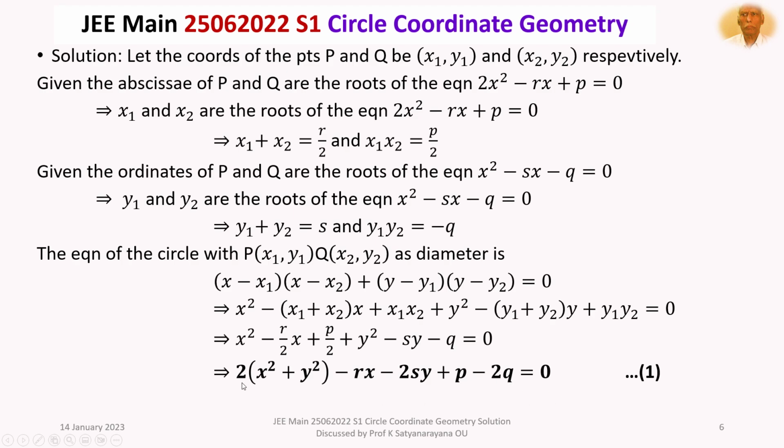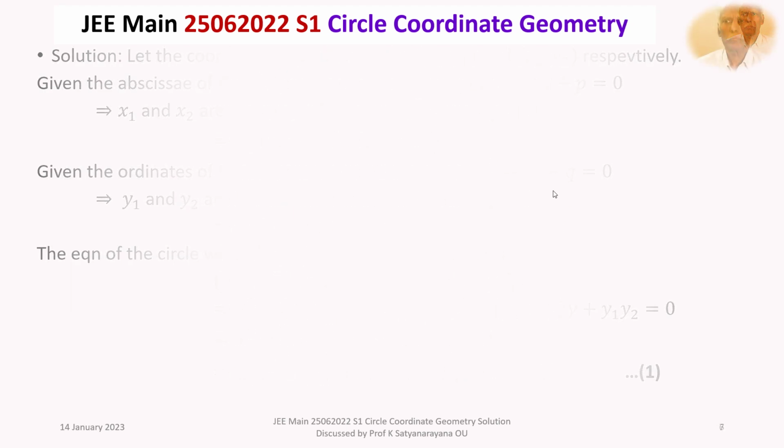So that is 2 times in brackets x square plus y square minus rx minus 2sy plus p minus 2q is equal to 0. Let's call this equation 1.